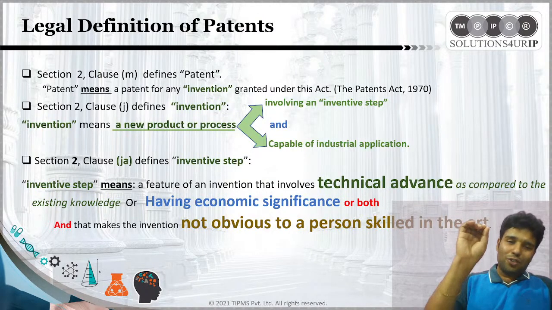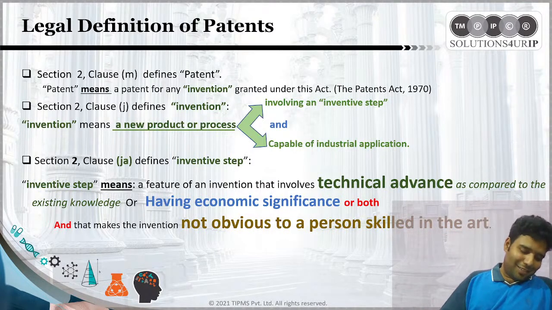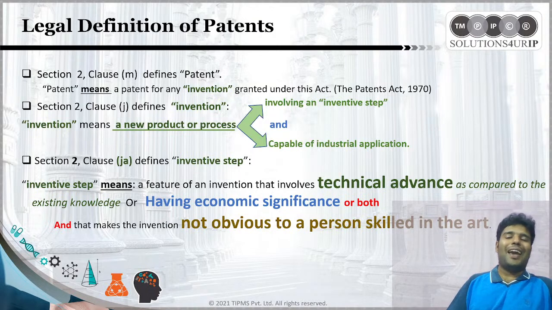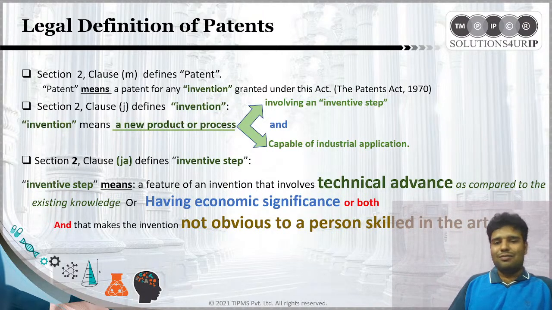So even if you don't know what a patent is, if you write only section 2 clause (m) of the Patents Act 1970, that is a correct answer. I'll give you 4 out of 5. You need not say what a patent is.